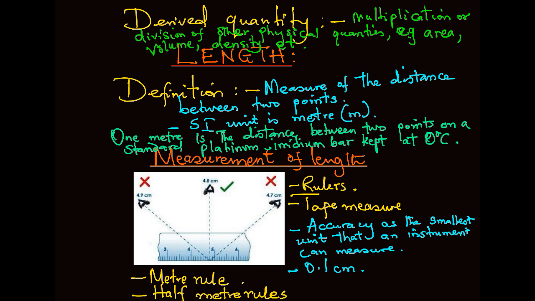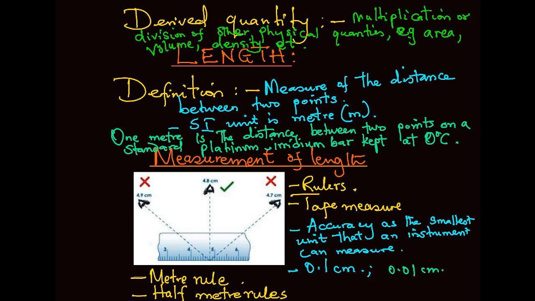Another example is the accuracy of a vernier calipers, which is 0.01 centimeters. This means that the vernier calipers can measure a minimum of 0.01 centimeters.